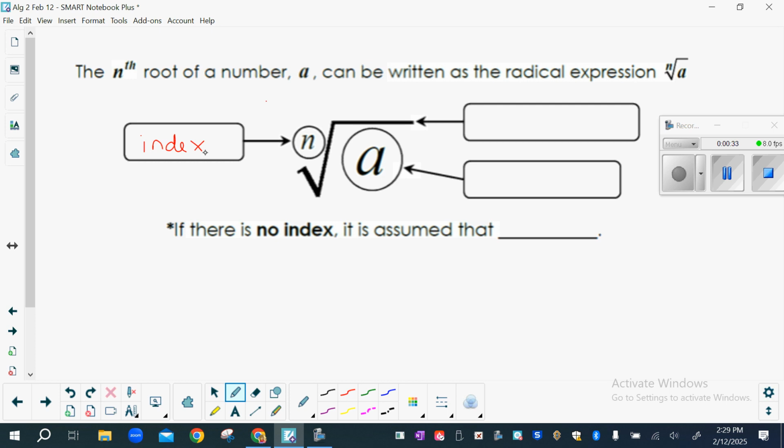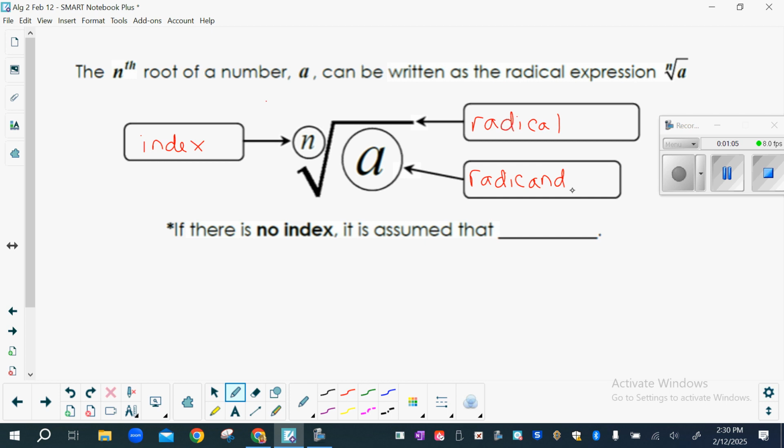This here is called your radical. And the a is your radicand. Radical, we use that word a lot. Radicand.